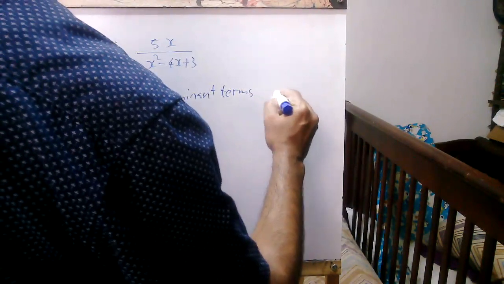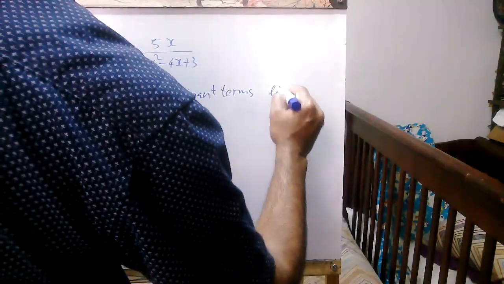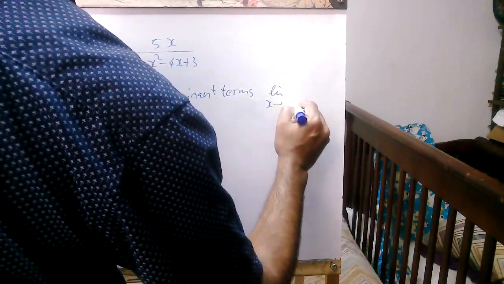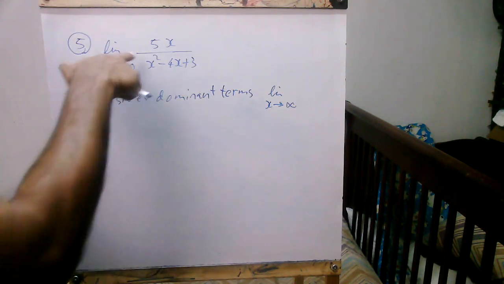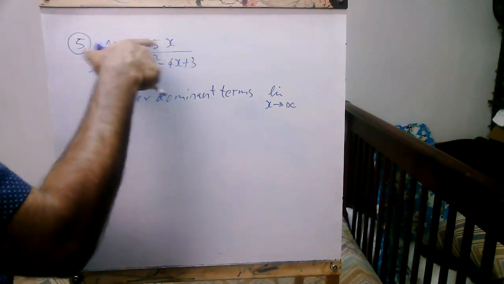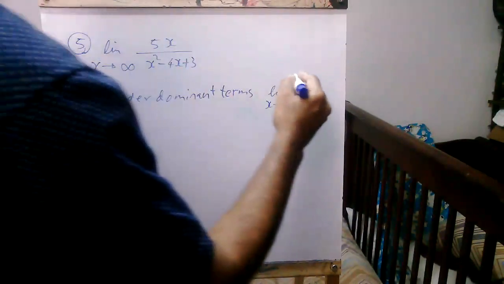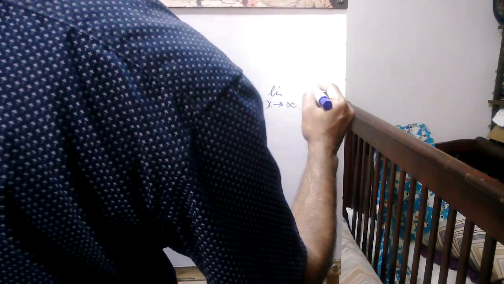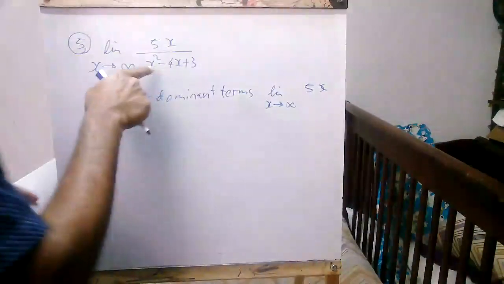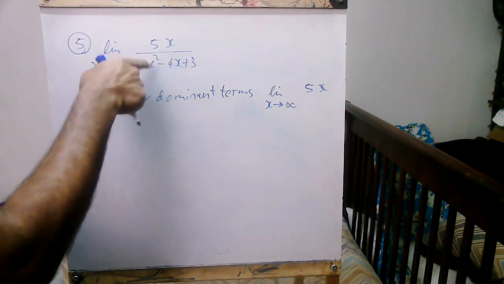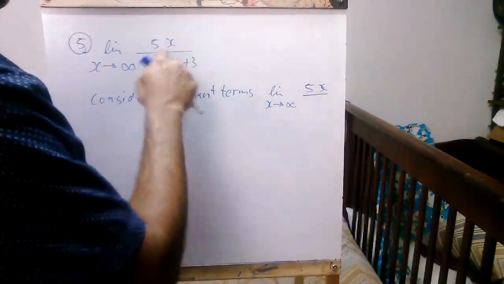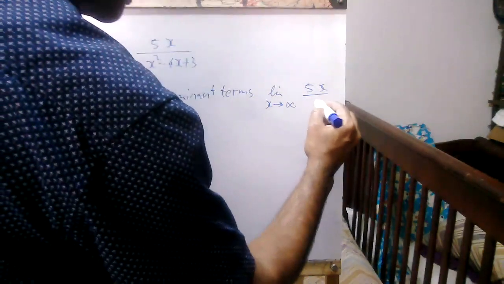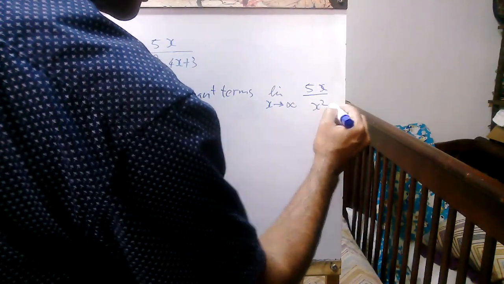So we get the limit as x approaches infinity. What do you mean by dominant term? The highest power of x. On top we have only one term, so it is 5x. In the denominator, the dominant term is x squared.